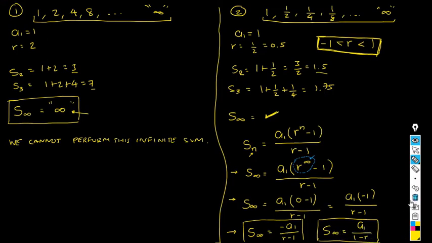Let's use it in one simple example, which is the same that we talked about before. This sequence has a first term equal to 1 and the ratio equal to 1/2 or 0.5, which fulfills the requisite of being between -1 and 1.